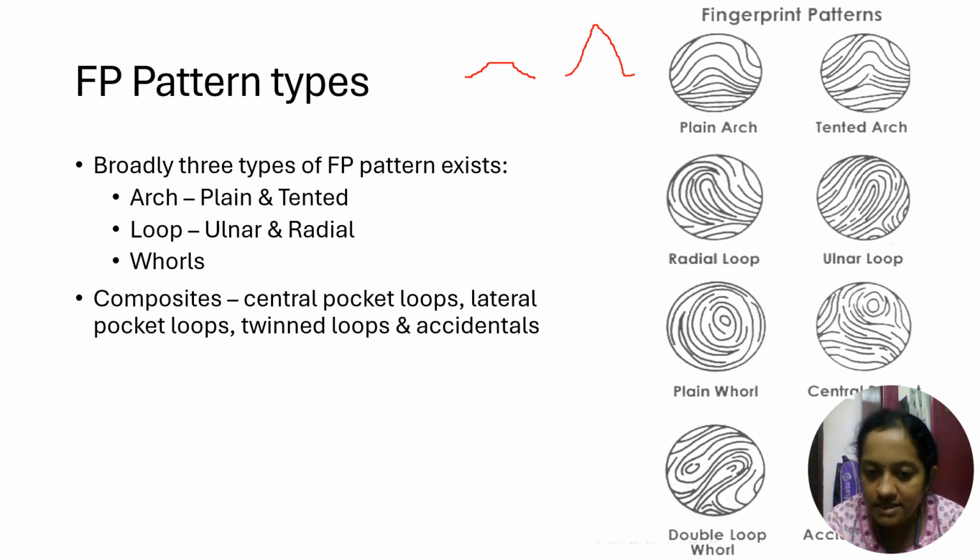That means you can see a core over here as well as here. So it is a double whorl. I hope you can see this accidental. It comes under the other slides where I can visibly show you what an accidental fingerprint looks like.